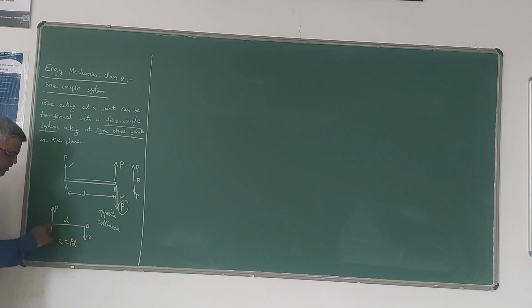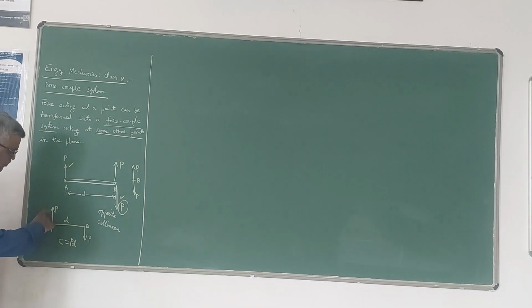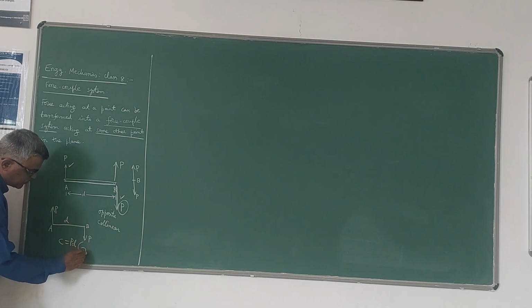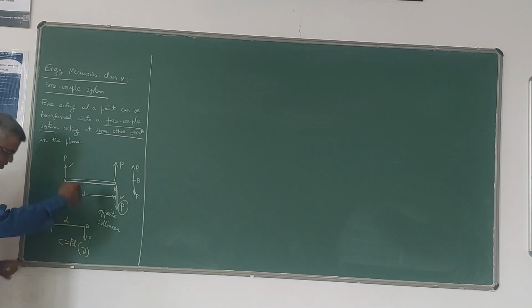So these two forces can be replaced by a couple of magnitude P into D, and of course it is clockwise. You can see here, the effect of both these two forces is to rotate this rod in the clockwise direction.